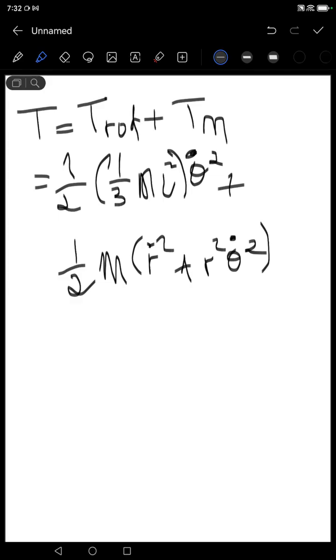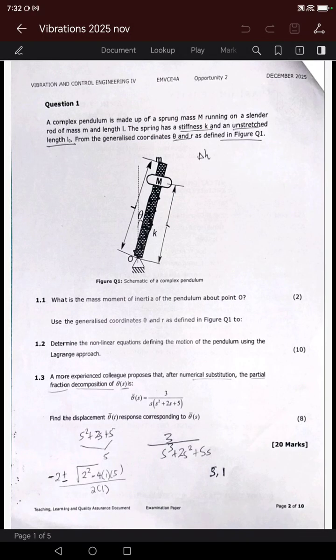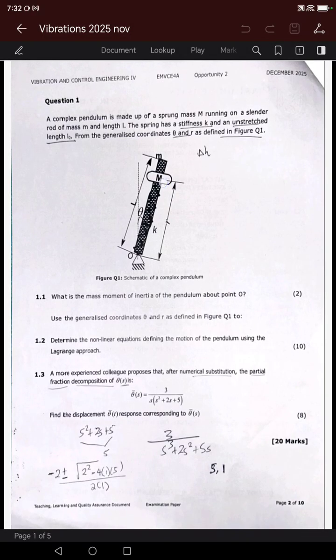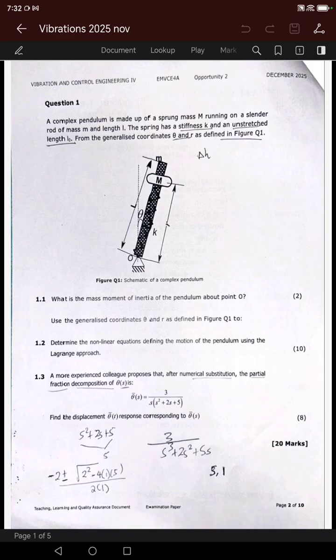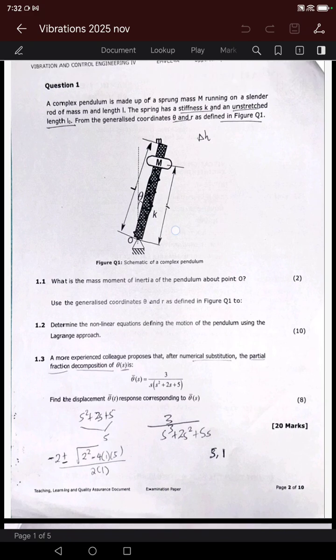On potential energy, we have the mass, the big letter M, at a distance r. You can see the distance r.